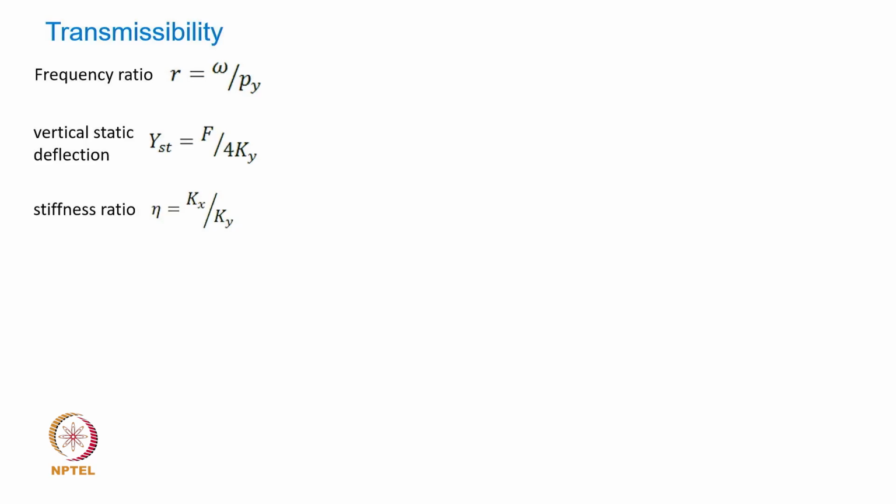Not that we cannot do it with others, but that is the more sensible way to do it. Vertical static deflection is defined, again, based on f by net vertical stiffness. Net vertical stiffness provided by 4 springs is 4 ky, and the stiffness ratio eta is defined as the horizontal to vertical stiffness of the spring or the mount.